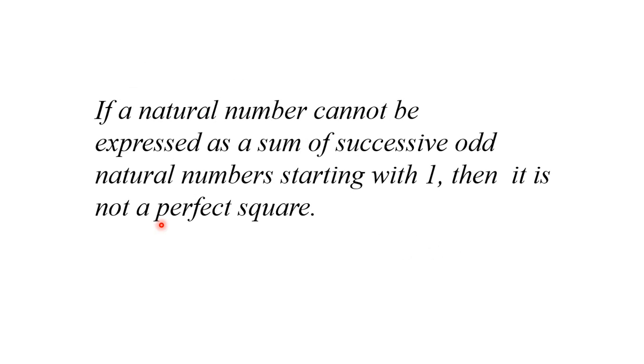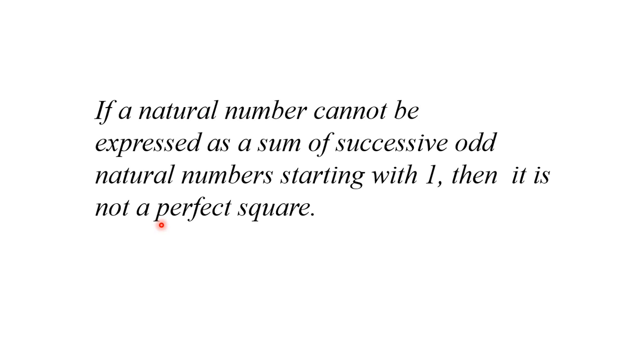On the basis of the above solved problem, we can conclude that if a natural number cannot be expressed as a sum of successive odd natural numbers starting with 1, then it is not a perfect square. As in the previous example we have done 49. 49 can be expressed as 7 into 7.